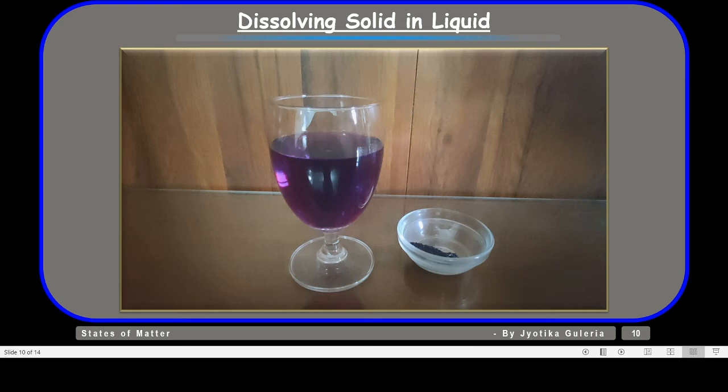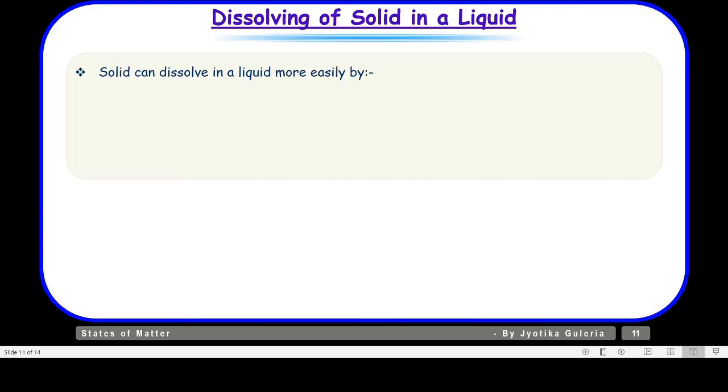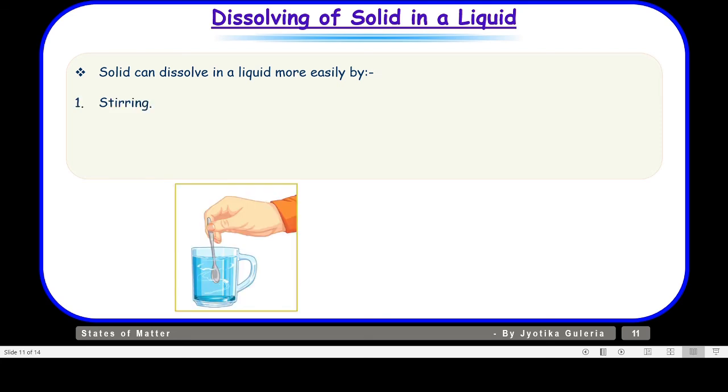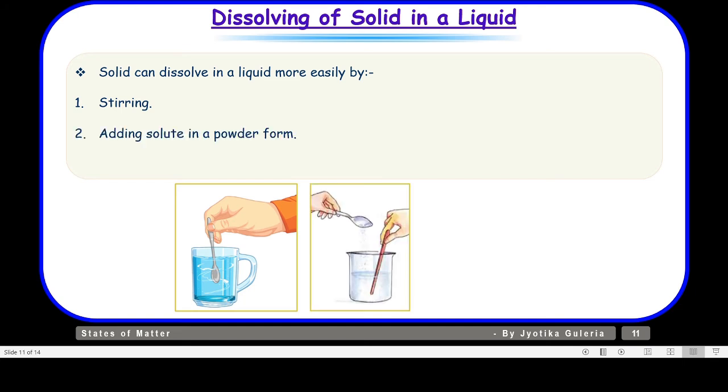And now children will understand what are the various conditions in which solids can dissolve in liquid more easily, or we can say more quickly. First of all, you have to stir them well. If you want to dissolve them fast, you have to do the stirring. And then adding solute in a powder form.